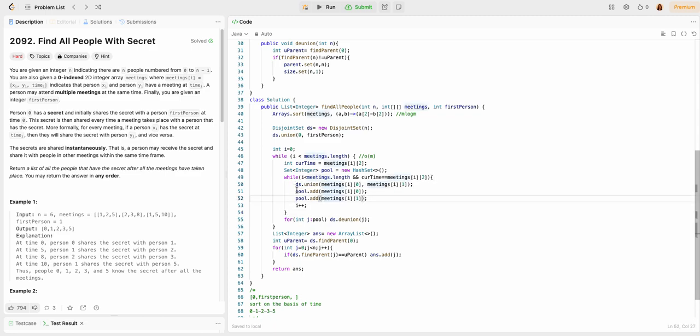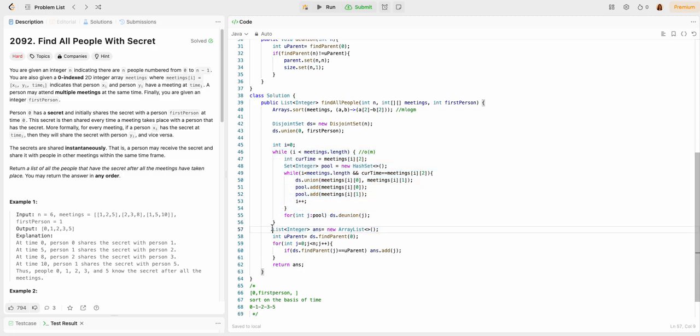Secondly, the union will take no time. The addition and all will take no time. Nothing will take any time. And the de-union will also take no time. So the while loop just took O of m time. Adding it inside my array as well will be a constant time complexity. But we are reading through all the values, correct? All the values we are checking if they are same as the parent, like if their parents are same.